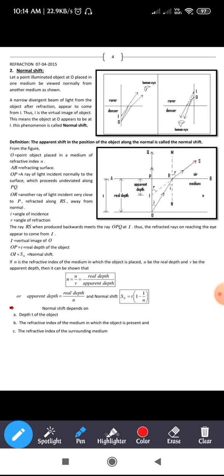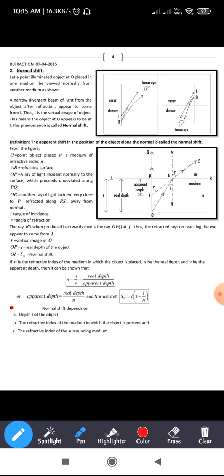Next, there is a relation between the apparent depth and the real depth. Let us go through that. Focus on this figure. AB is a surface which separates the denser medium and the rarer medium, MN is the normal, and O is the object placed. The ray is coming out from the denser medium to the rarer medium.